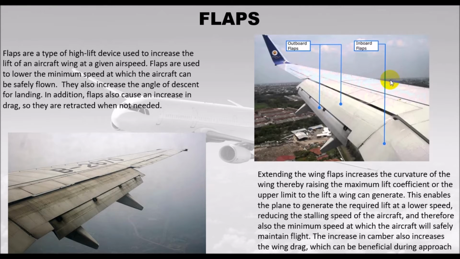So when the air moves above the wing, it has to move even faster, and the air below the wing is moving slower. Because the air above is moving even faster when these flaps are deployed, it generates higher lift, and thereby it allows the plane to stay in the air even at lower speeds.